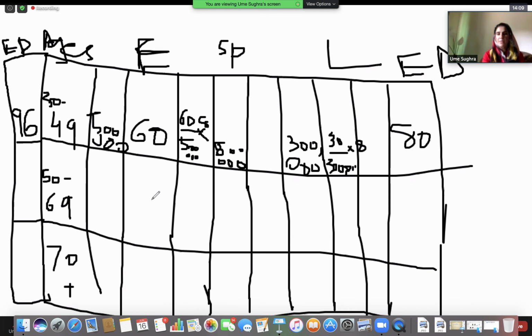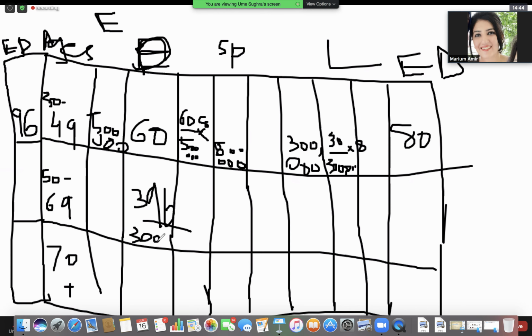Similarly, for the next population, the observed number of deaths was 396 in the early period. I'm writing E on the top so that you don't have any confusion. We divide 396 by its own population, 300,000 in this age category.